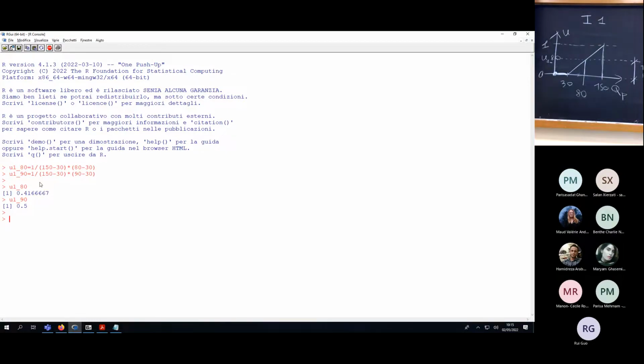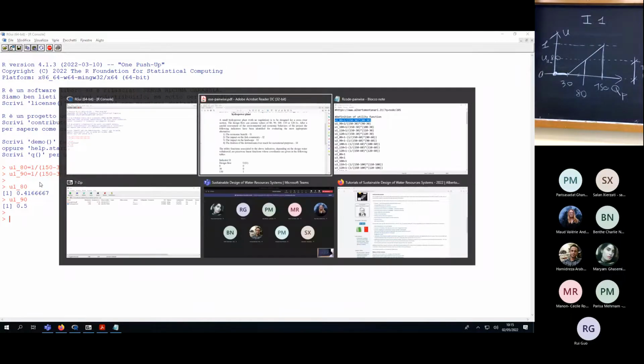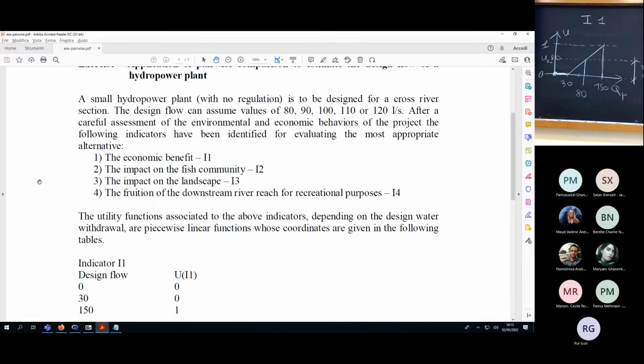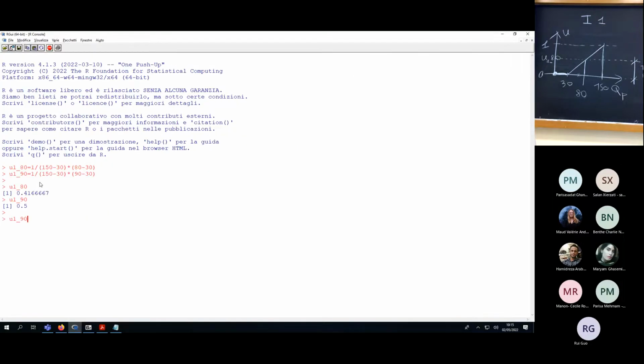Now let me go to the PDF again to see what the following alternatives are. They are 100, 110, and 120. So U1 100. Look, I went back to the previous instruction and got it back in order to simplify things and speed up my computation. This is done. U1 110.